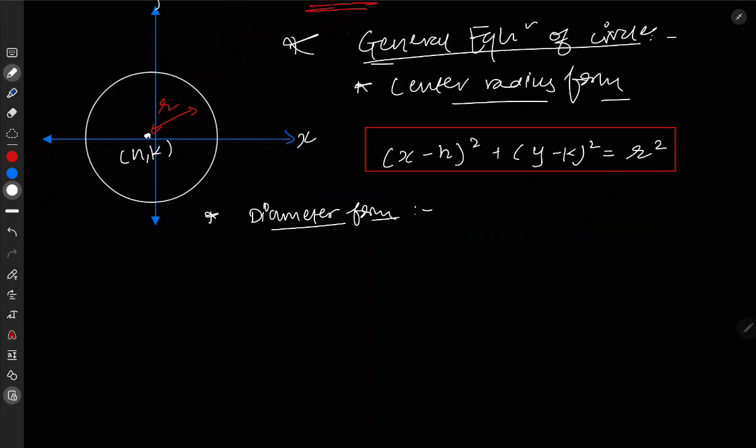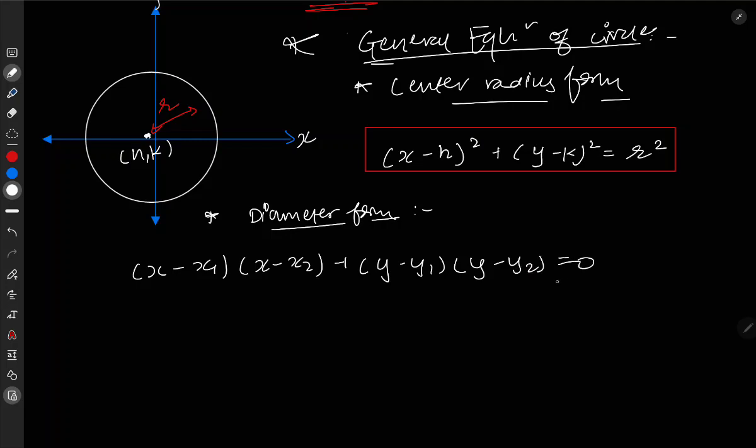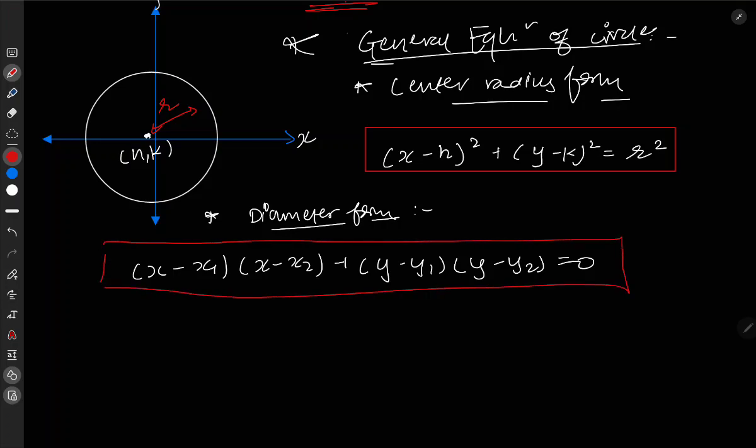So please check up the derivations of both of these forms and also the general form of a circle, which I will introduce to you in the next minute or so, in the board textbooks or even in NCERT. So the diameter form is (x minus x1)(x minus x2) plus (y minus y1)(y minus y2) equal to 0. So this is the diameter form.